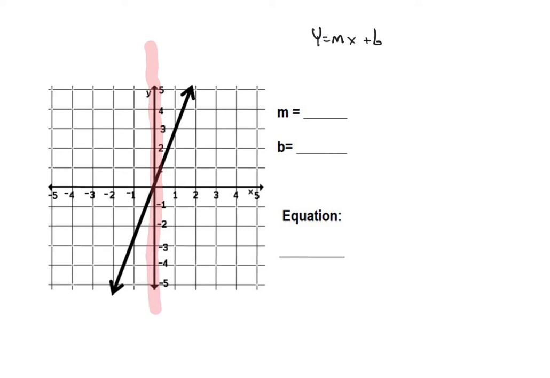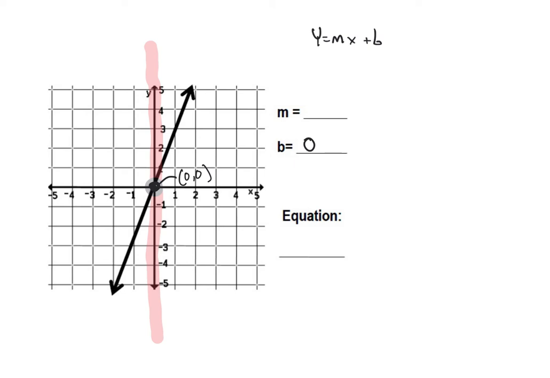So as I follow my y-axis, my y-intercept is at the origin. My y-intercept is at 0, 0. So that means my b is just 0. But I can use that as one of my points to calculate my slope.